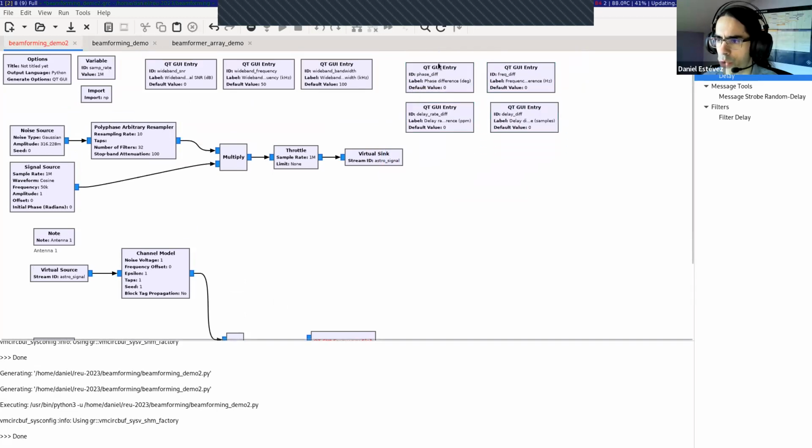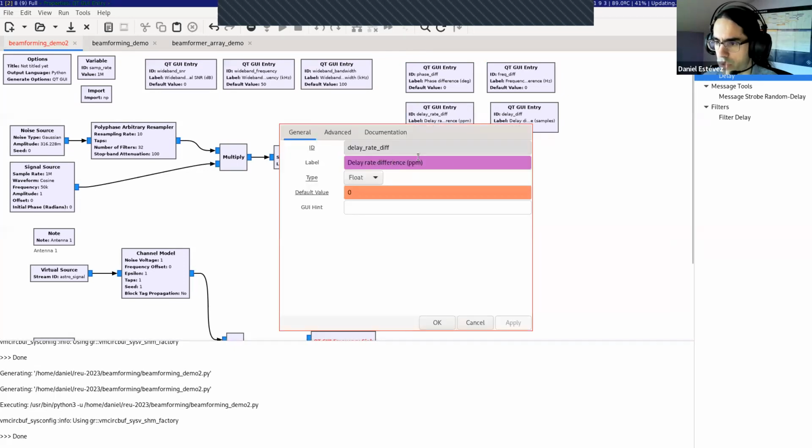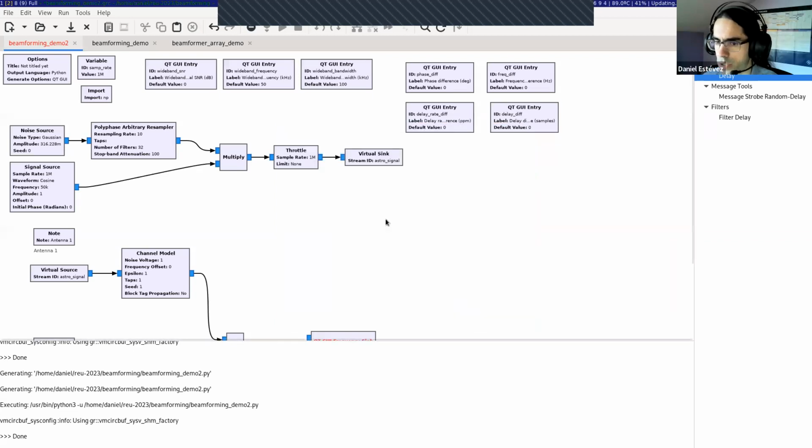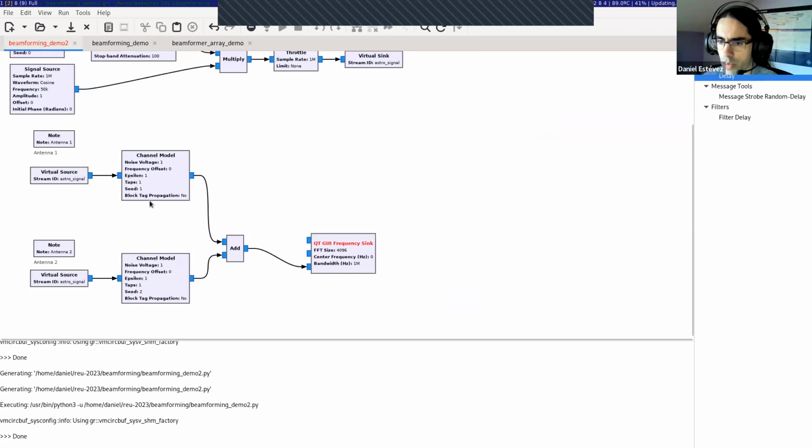And the values we are going to be changing are the phase difference between the antennas in degrees, the frequency difference between the antennas in hertz. So this would be the Doppler difference, the delay rate difference between the antennas in parts per million, and finally the delay difference in samples, which we cannot do with this channel model. So we will add an external delay block.